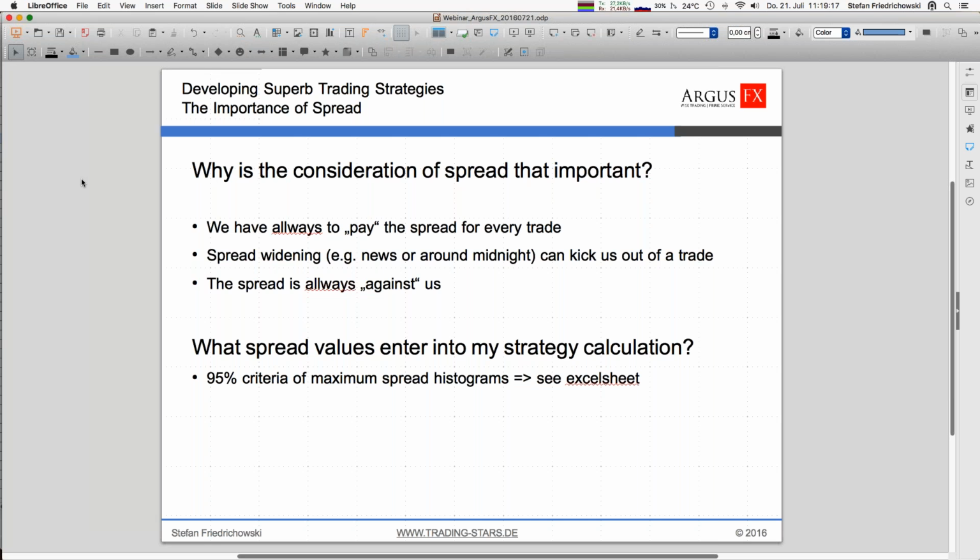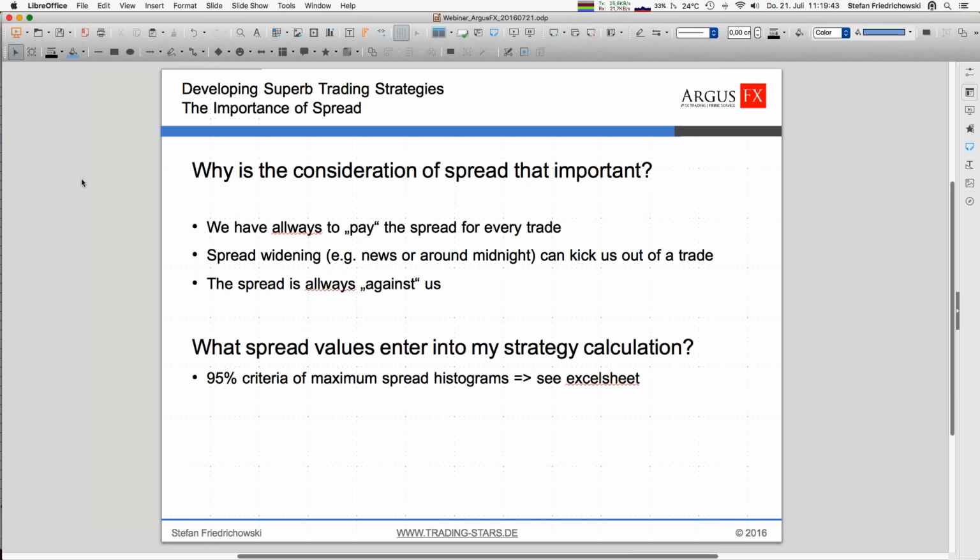What is important for us, looking for trades and really to consider the importance of the spread, is that this spread widening can kick us out of the trade, so to speak. If you look at trades around midnight, for example, you might see, hey, why was that trade closed?